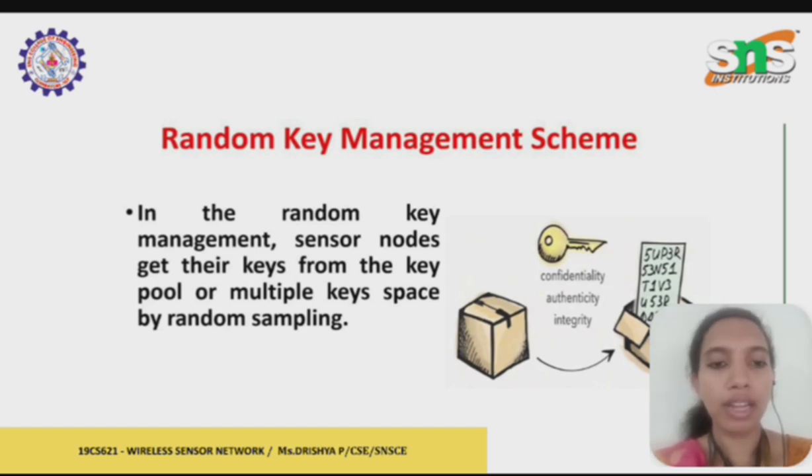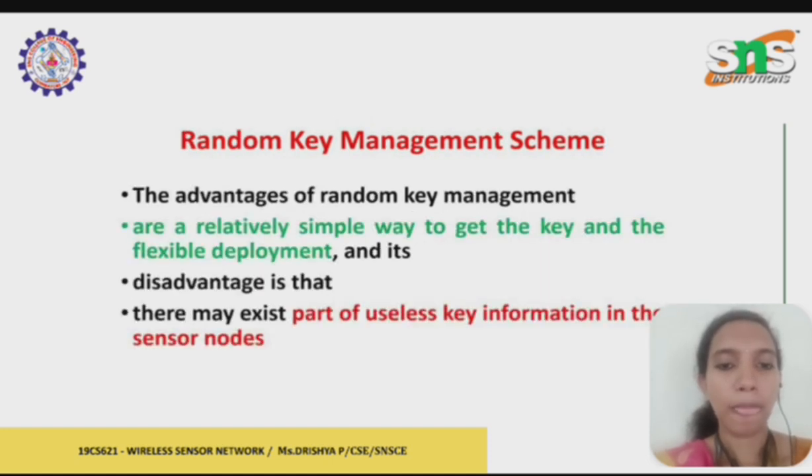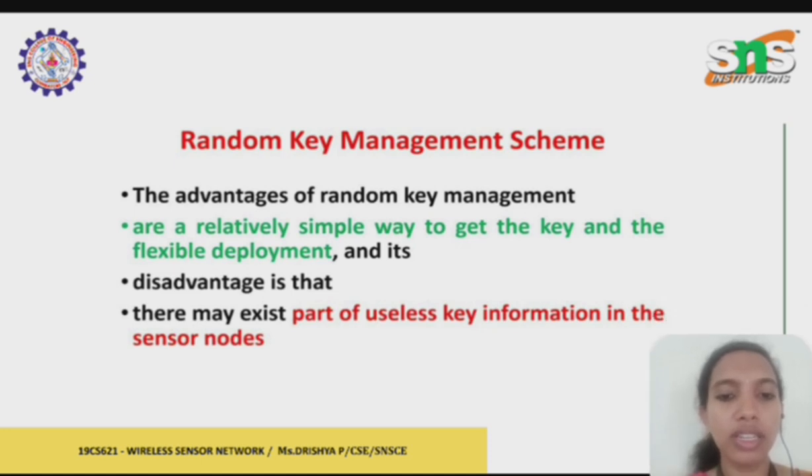Then next is random key management. In random key management, sensor nodes get their keys from the key pool, or multiple keys from the key space, by random sampling. We are choosing a key randomly. Then there are some advantages and disadvantages. There exists part of useless key information in the sensor nodes.